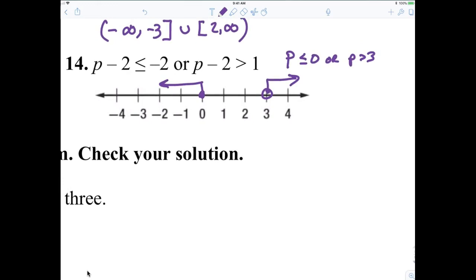All right, Lauren, tell me about the interval notation. Two, including 0? Come on, it sounds like you're guessing, Lauren. Come on. Continue.